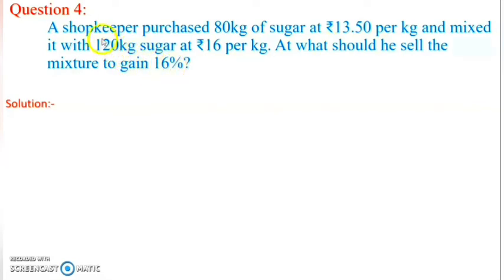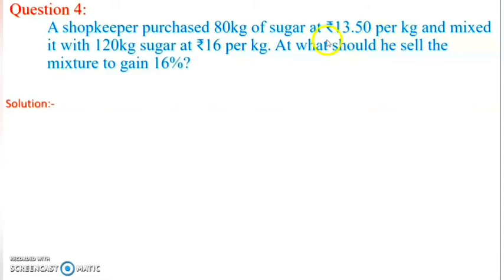So here in this question, what the shopkeeper did is he mixed two qualities of sugar. One type of sugar was of quantity 80 kg, and the rate of that quantity was rupees 13.5 per kg.